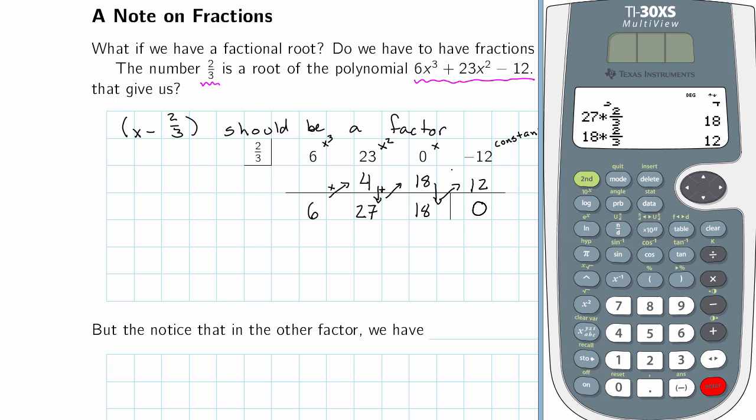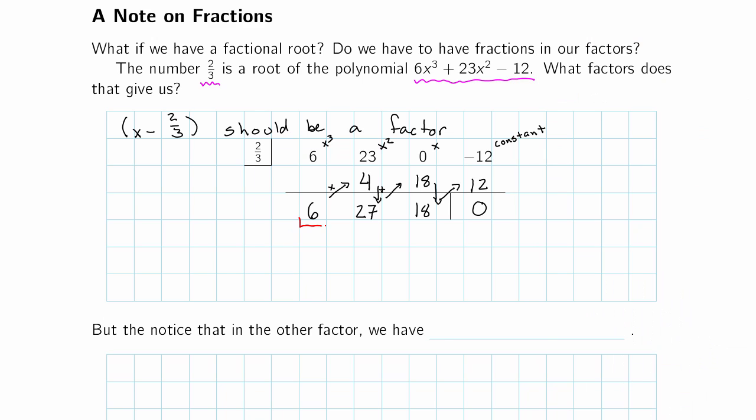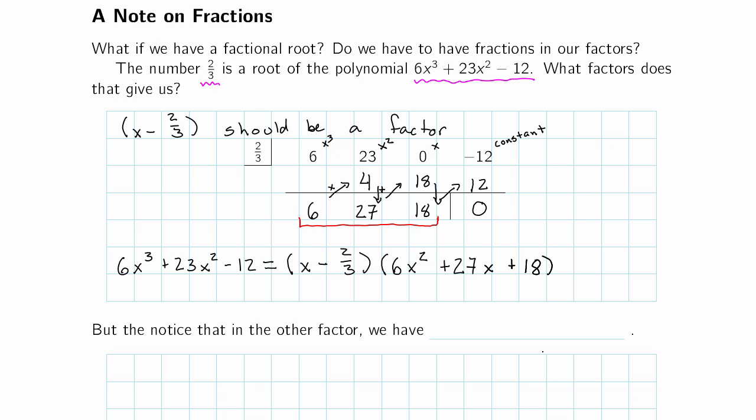Now we knew we were going to get a remainder 0, but here's our other factor. We've found that our original polynomial factors as x minus 2/3 times, well, the 6, the degree will be 2, so 6x squared plus 27, next term is an x, plus 18.